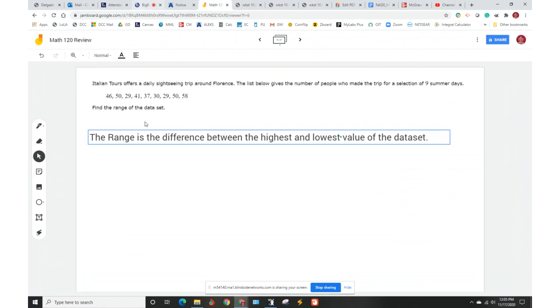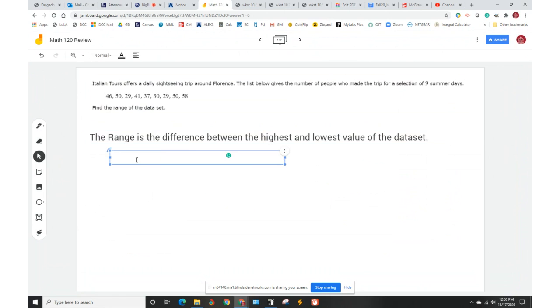Okay, so in this case, you don't have to have them sorted, but it might help if you wanted to see. So the highest one is definitely 58. And the lowest one seems to be 29, right?